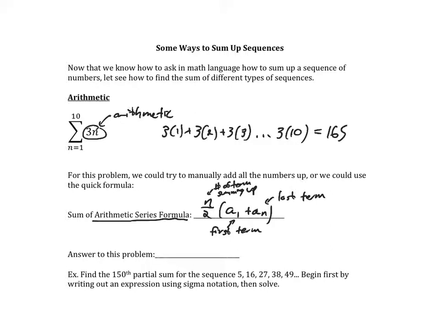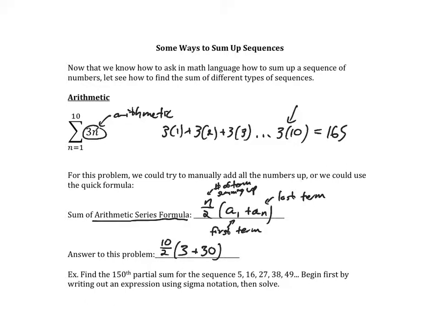But with an explicit sequence, that's pretty simple. You just plug in the place you're trying to find. So let's actually do this out. So n is 10. We said 10 over 2 times, what's the first term? The first term is 3. The last term, which is this guy up here, 3 times 10 is 30.